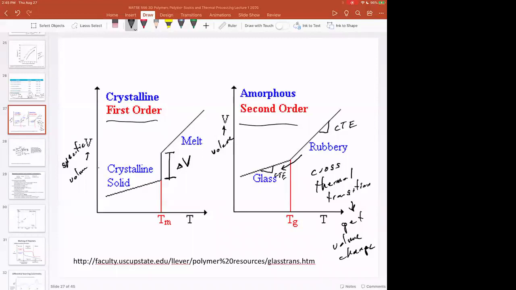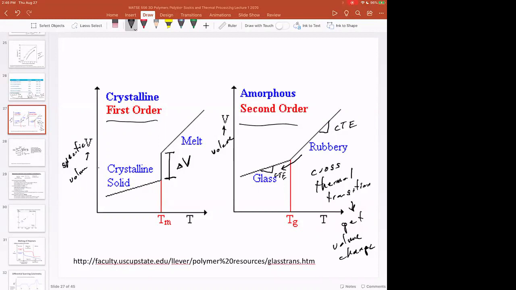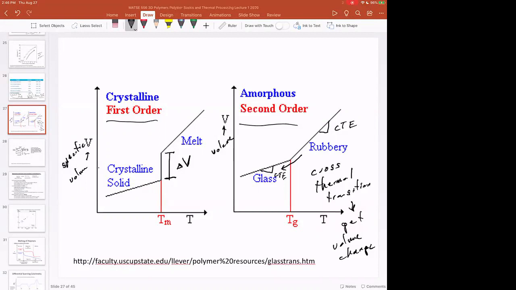And I'll go back to my question. Why is a volume change important, or why do we care about a volume change in additive manufacturing of polymers and composites? Go for it, Eric. Yeah, if you have a volume change as your material is cooling, it's going to lead to warpage and cracking and all kinds of internal stresses. That's right. Internal stresses is a real big one.